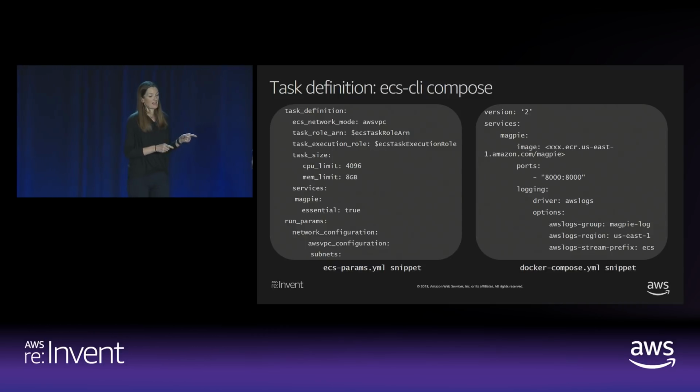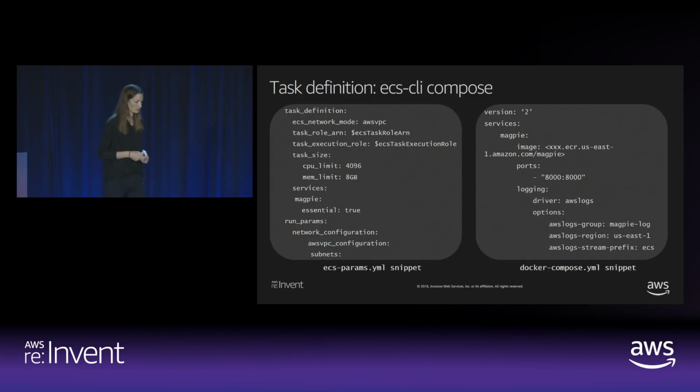Services: that's not the ECS service, that is referencing the services you have defined in your Docker Compose file. Once you define your service, you can get a little more granular with those task limits. I only have one container identified here, but if you have more images or more services, you can give more memory to one and less memory to another.